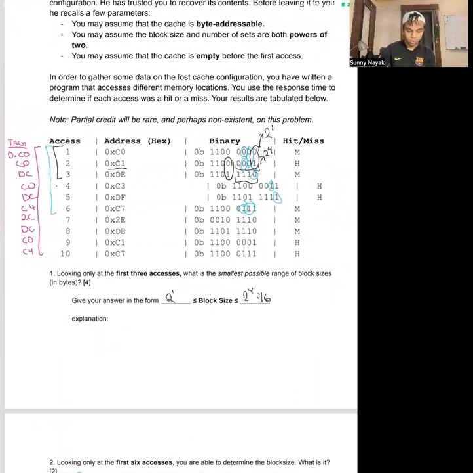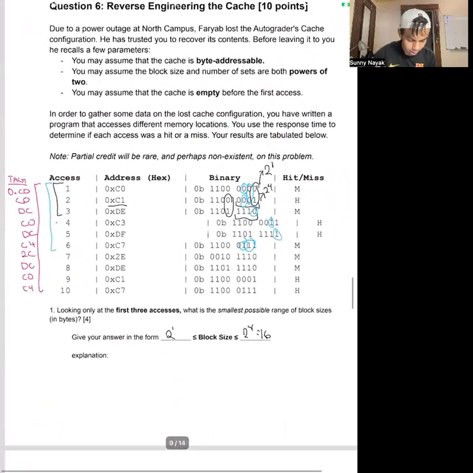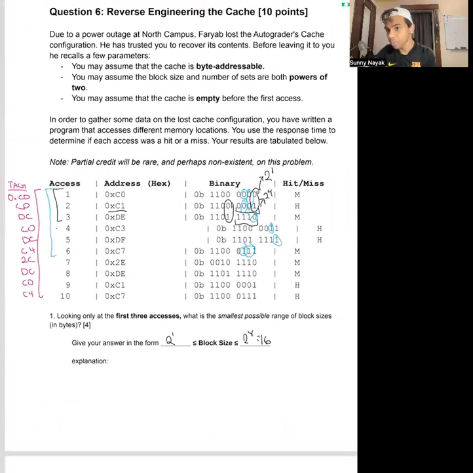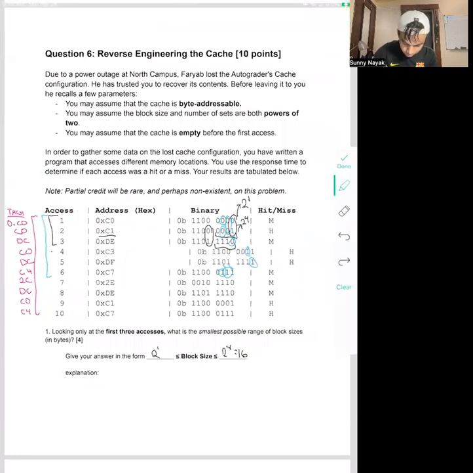Great. So let's use these tags to understand how things are moving in and out of the cache. I knew, and I discussed this earlier, that at this point I had both the C0 and DC block in my cache.